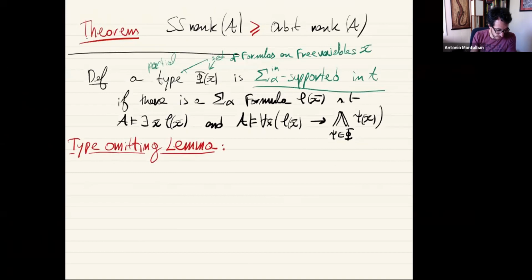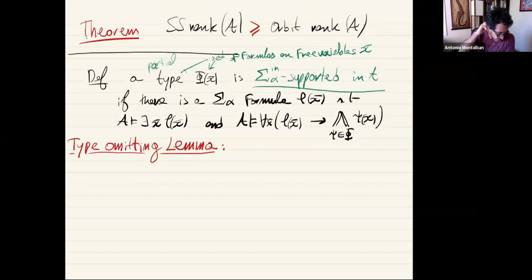There are many versions of type omitting lemmas for infinitary logic, and none of them is exactly the one I need. So this is the one we need here. This is a bit more refined than the more common versions, in the sense that it's more careful about the alternation of quantifiers than the other versions, where they didn't care about that.